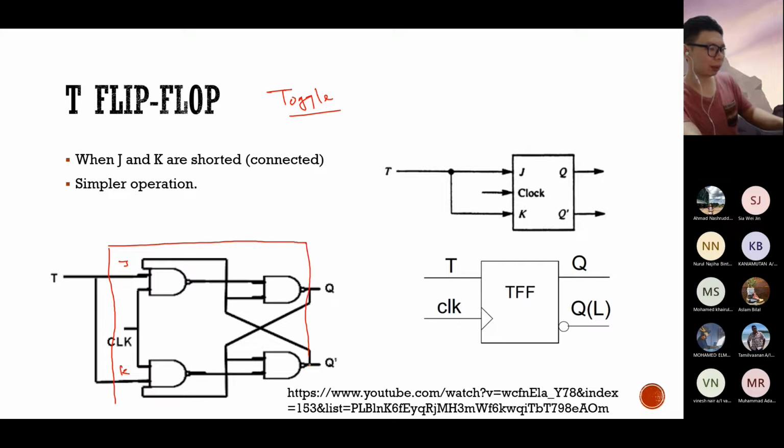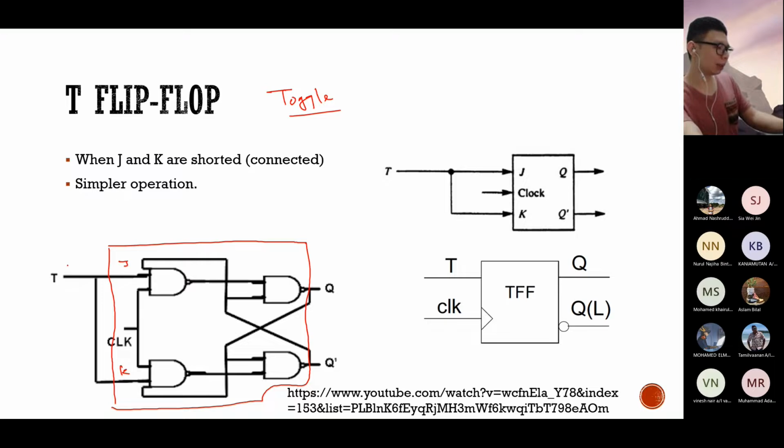Okay, you can imagine that whatever is this red box is a JK flip-flop inside here. So that J and K is connected to a common input, which is a T.